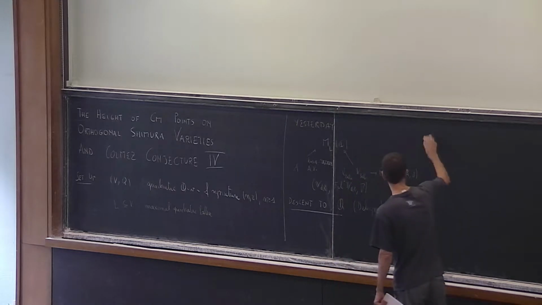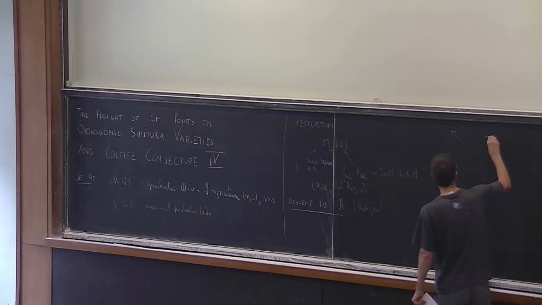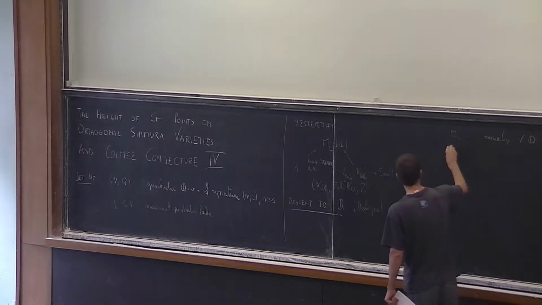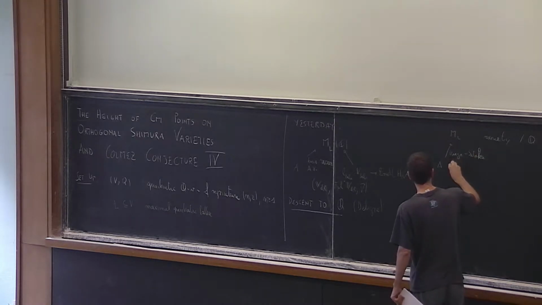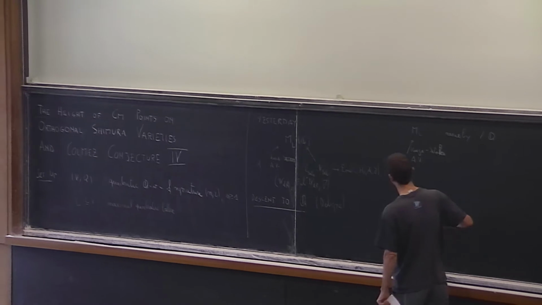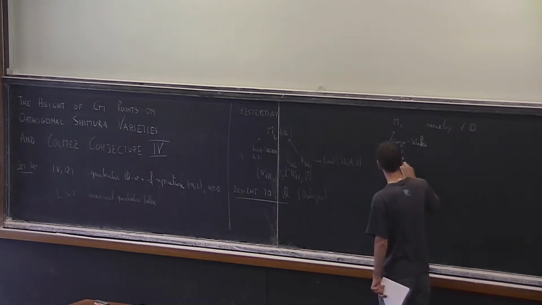And we get M_L, which is a variety over Q. And again, we have the Kuga-Satake abelian variety. The module with connection and filtration we can also descend.